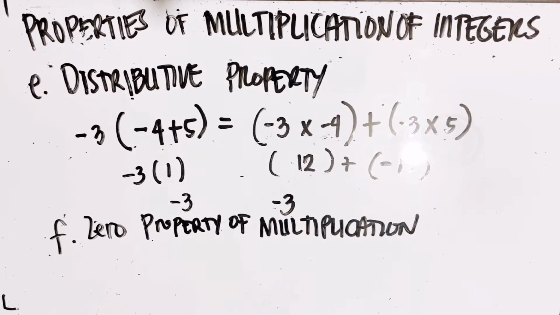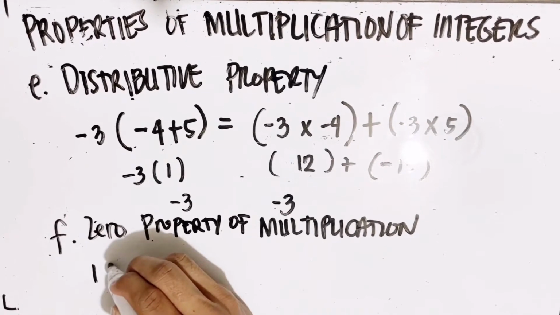So, zero property of multiplication states that the product of 0 and any number is always equal to 0. So, any number multiplied by 0 is always equal to 0.